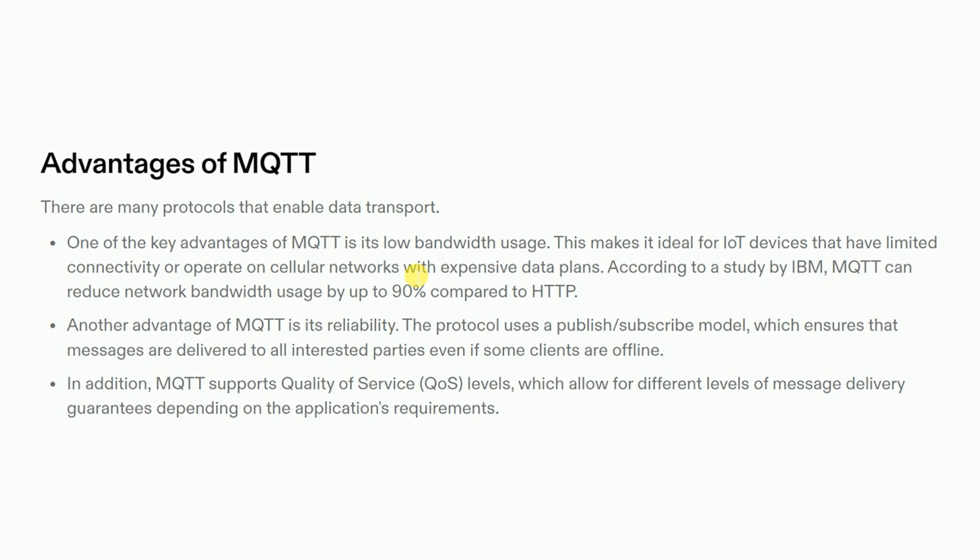Another advantage is reliability. It uses a publish and subscribe model, which ensures that the data will be delivered to you even if you or some other clients are offline. And the final one is that it supports quality of service, which allows different levels of guarantees based on the application requirements.